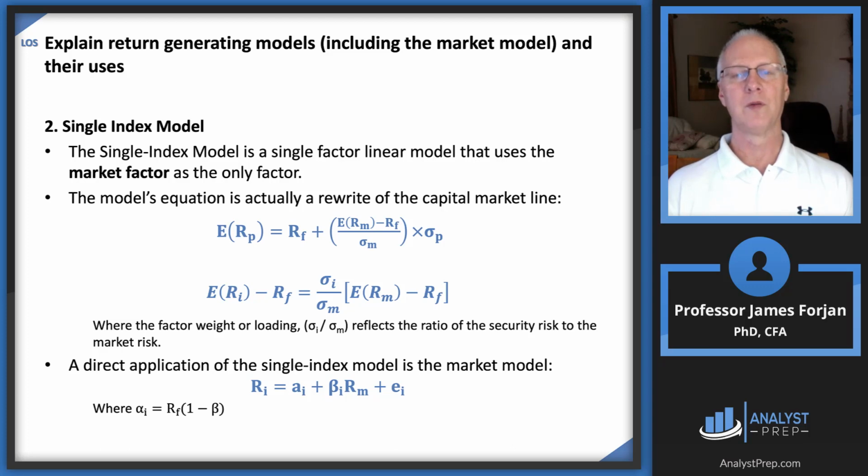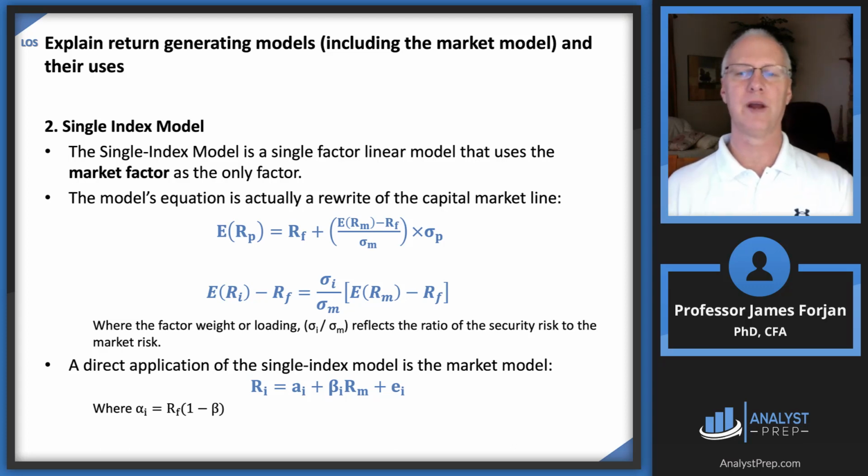So notice the formula there. We're going to try to solve for the expected return on a portfolio. We're going to start with the risk-free rate. We're going to consider the total risk of the portfolio, and then we have to measure it by some slope or some factor in there. And so that's what we're doing.